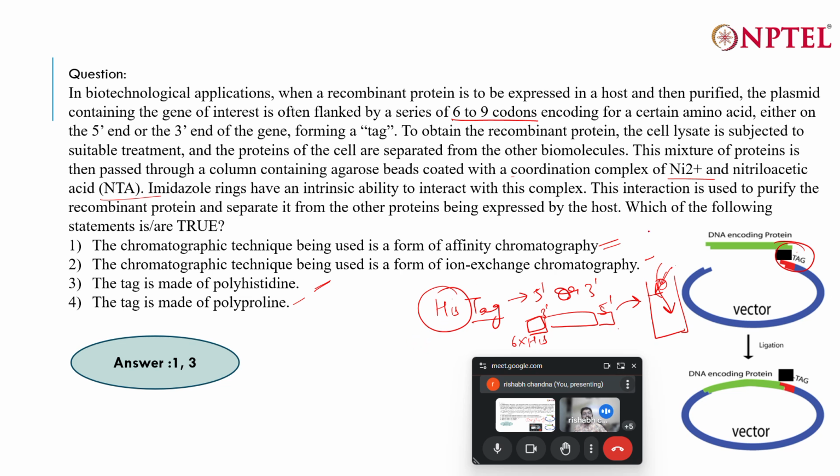So a high concentration of imidazole will lead to purification of the his-tag proteins. Because it's affinity chromatography and we are using polyhistidine here, the correct answer is option 1 and option 3.